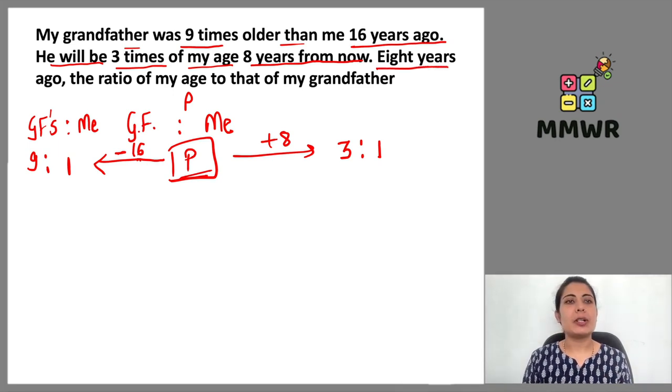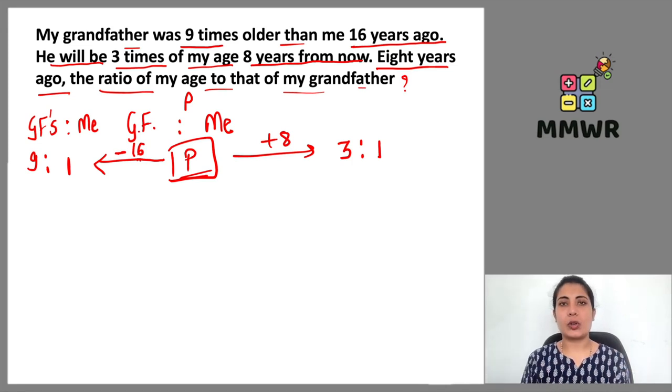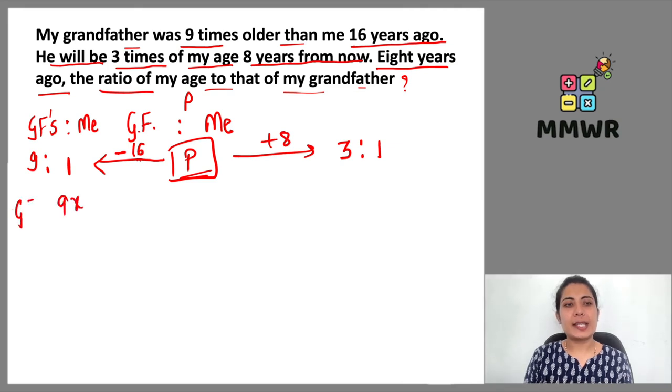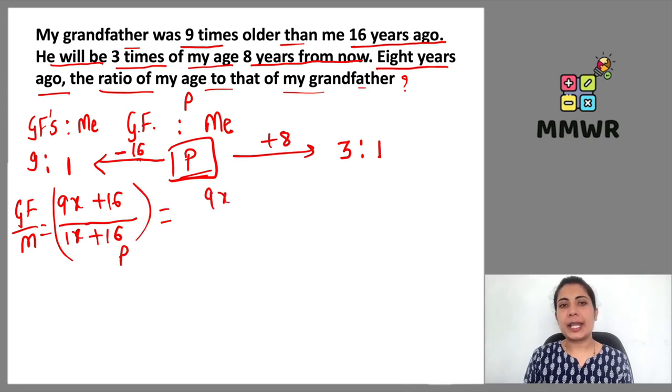Now, 8 years ago, the ratio of my age to that of my grandfather's age, this we have to calculate. So first of all, we should understand this concept. What has been given? With the basic method, how will I do it? This is 9x, grandfather's age, and this is my age, 1x. If I add 16 into this, I will reach the present age: 9x plus 16 and 1x plus 16.